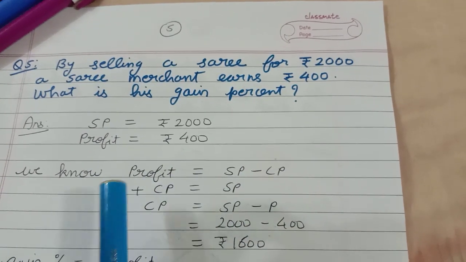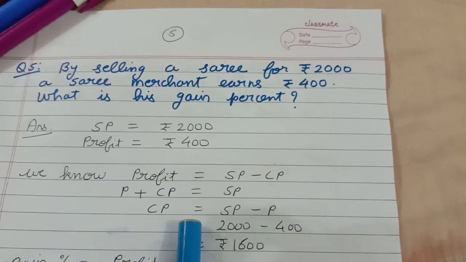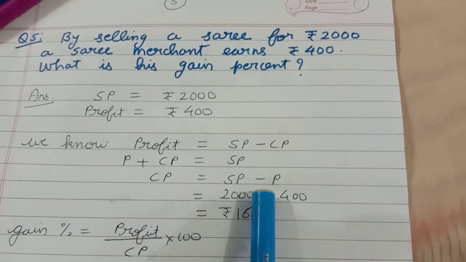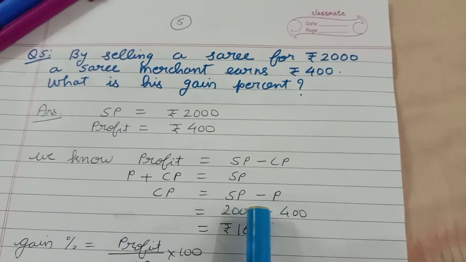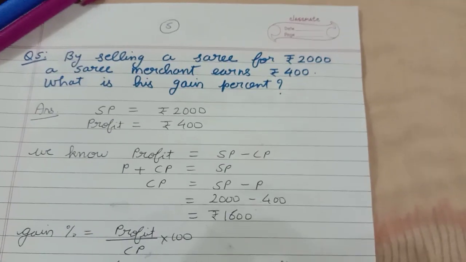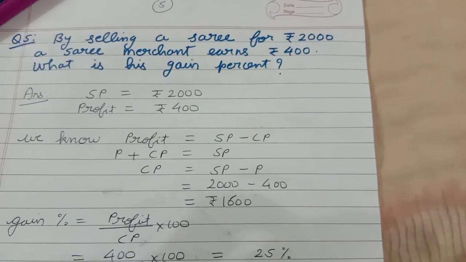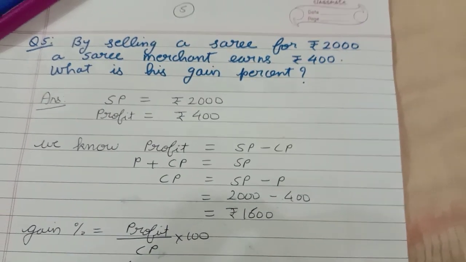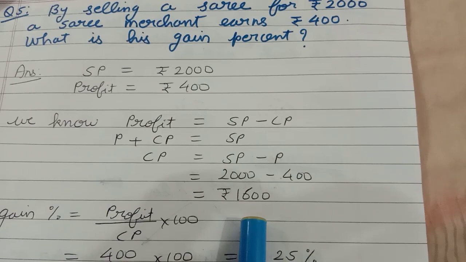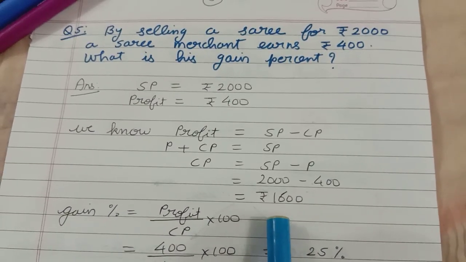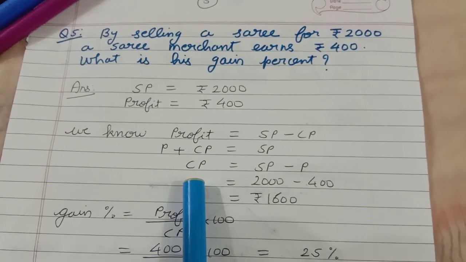So cost price is equal to selling price minus profit. If you don't understand this, you can directly remember this formula: if somebody deducts the profit from the selling price, he gets the cost price. So 2000 minus 400, the answer comes to 1600, and this is the cost price of this merchant.